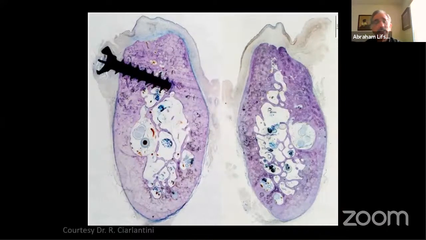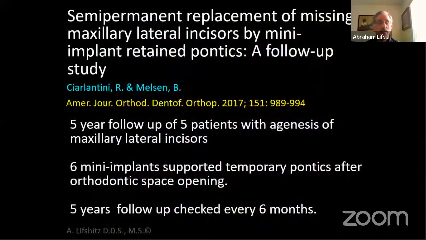Wirten Melsen placed a tat perpendicular to the alveolar bone in dogs, and they showed that the bone didn't atrophy. They maintained the amount of bone. Dr. Ciarlantini and Wirten Melsen did a study published in 2017.